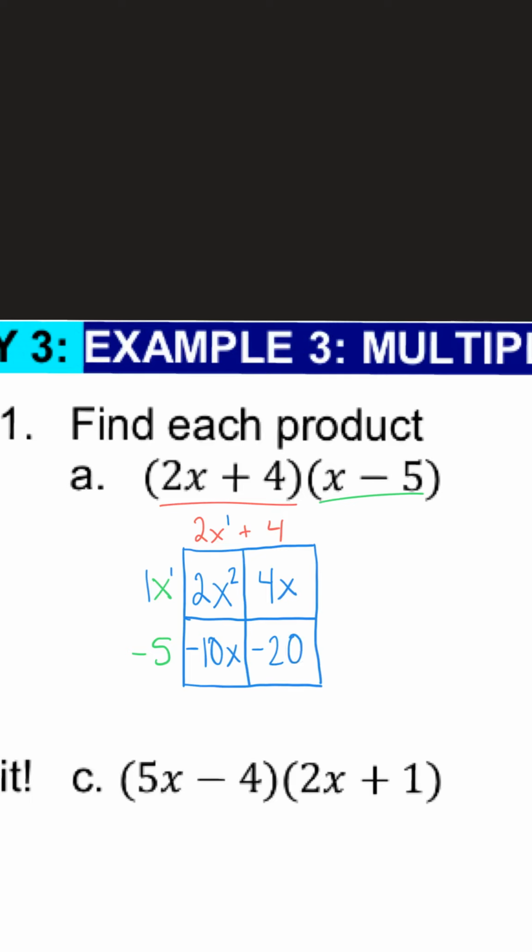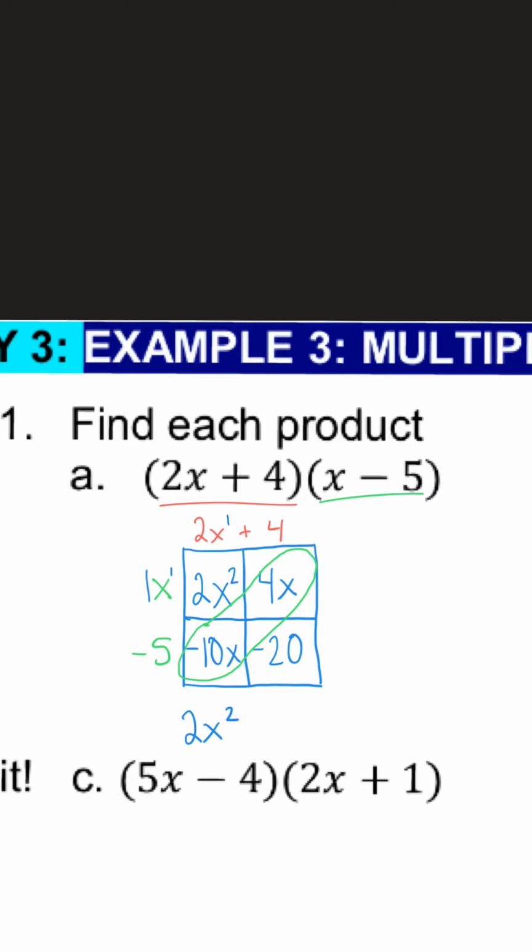Now I just need to write this as an answer. So starting with my highest degree term, which in this case is 2x squared. So I have 2x squared. And then I need to check and see if I can combine any like terms. I actually do see some like terms here. I see this negative 10x and this 4x, and those are like terms and I can combine those.